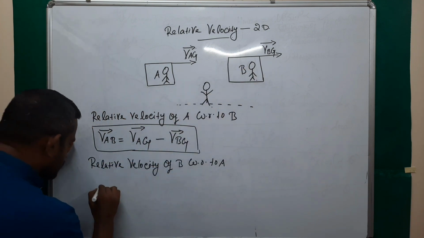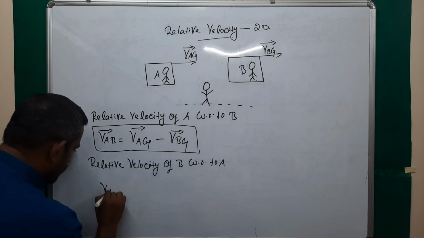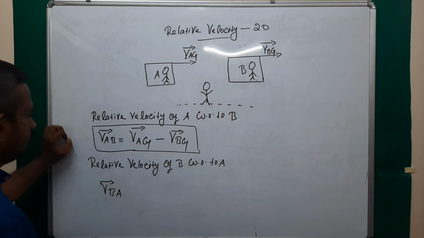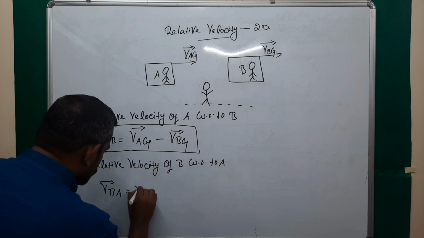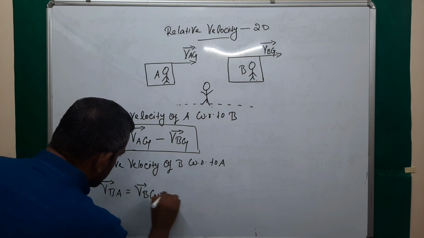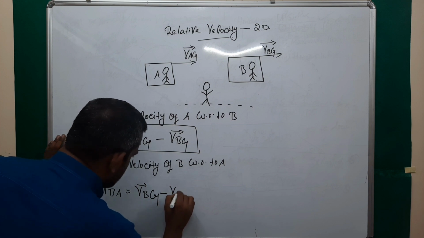So we can write velocity of B with respect to A is equal to VBG minus VAG.